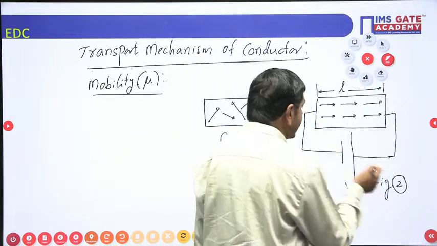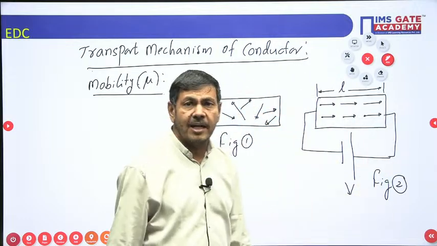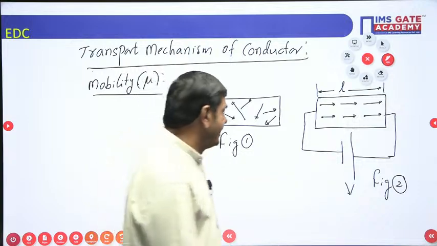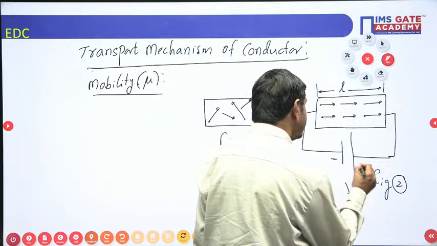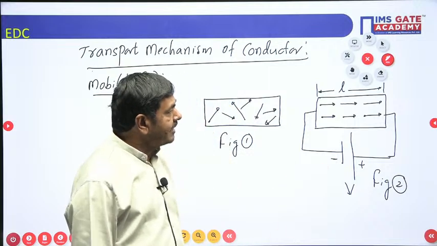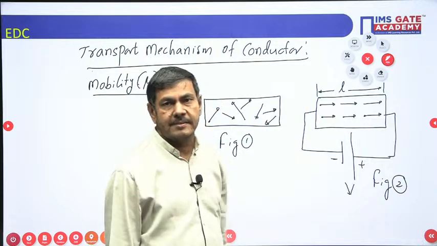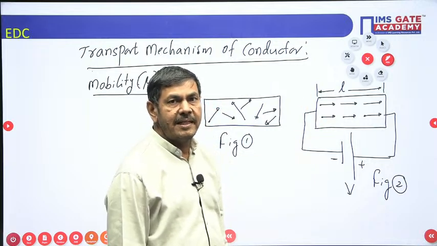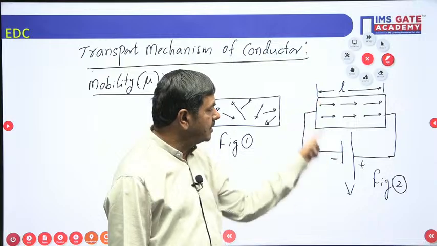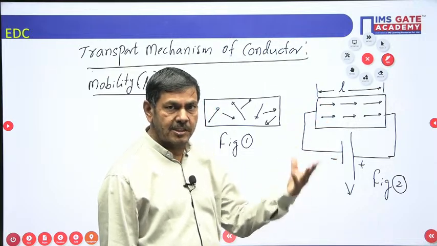Anyhow, if you are connecting an external supply in this way, what is going to happen? We got the polarity. This is minus, this is plus. Because of this polarity, what is going to happen now? Already this conductor has a number of electrons. Electrons are negatively charged particles. Negative, negative, negative, so a force of repulsion is possible.